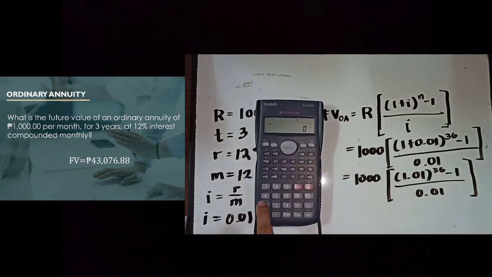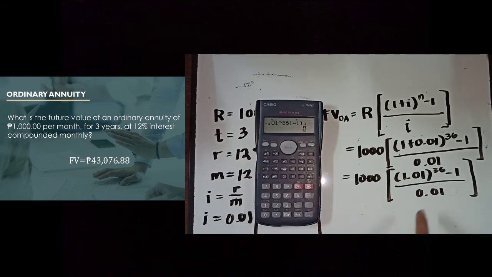So again, 1,000 multiplied by 1.01 raised to 36. Okay? So, minus 1. And parenthesis tayo ulit. Naglagay ako ng close parenthesis after ni 1. Bakit po? Para maipakita na ito yung numerator. So yung numerator muna isosolve niya bago i-divide kay denominator.